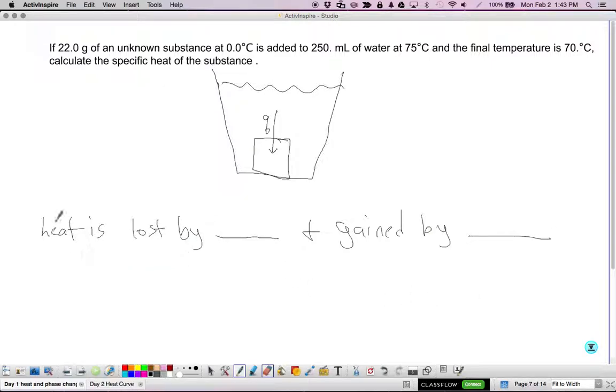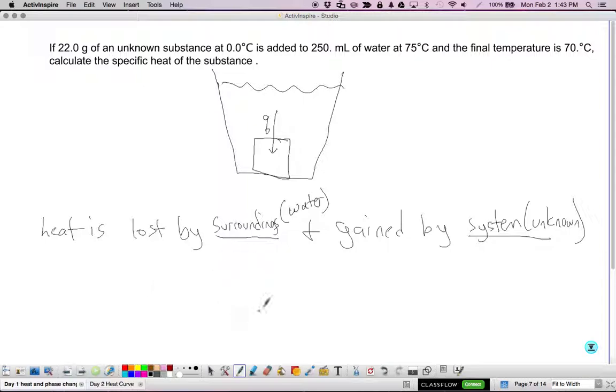Okay, so if we say that this is our system, and the water is our surroundings, heat is lost by the surroundings, or the water, and gained by the system, or the unknown. All right?